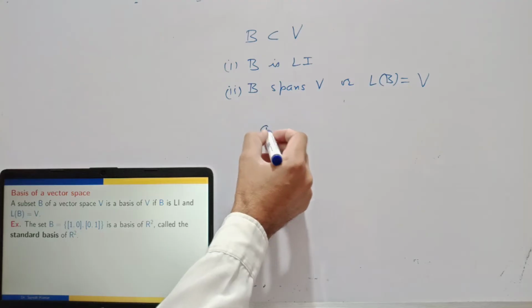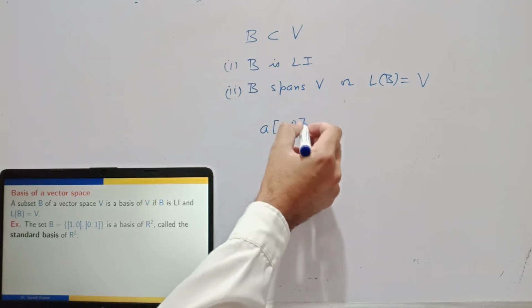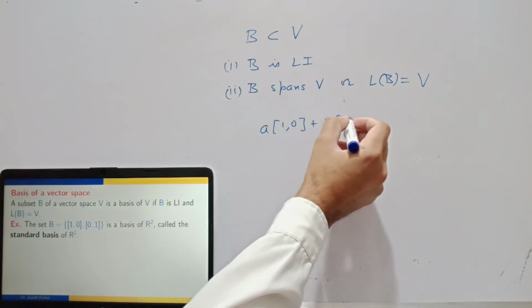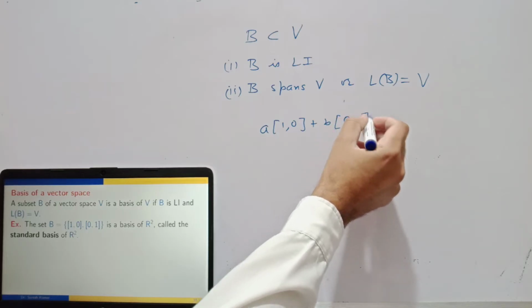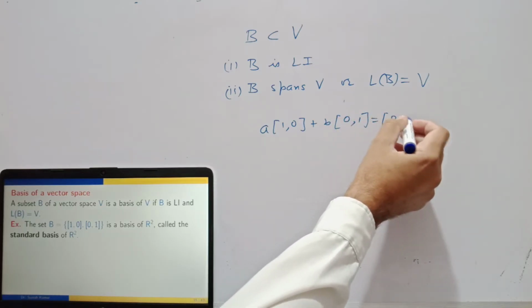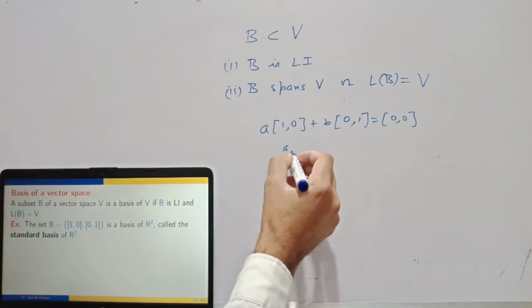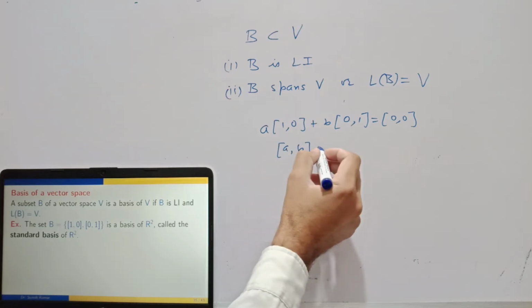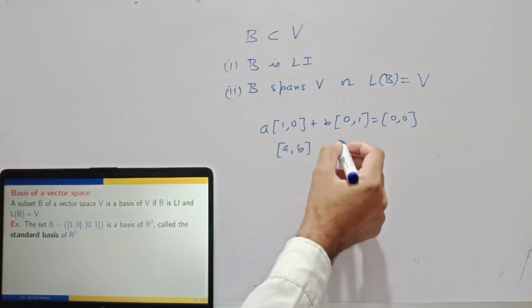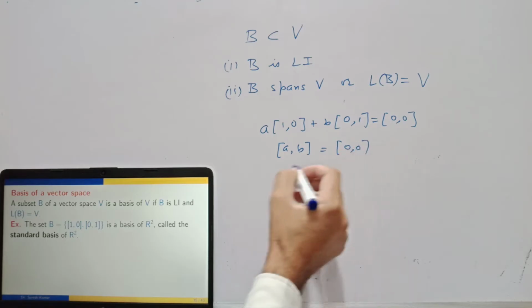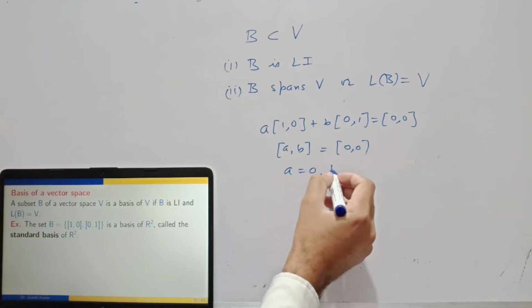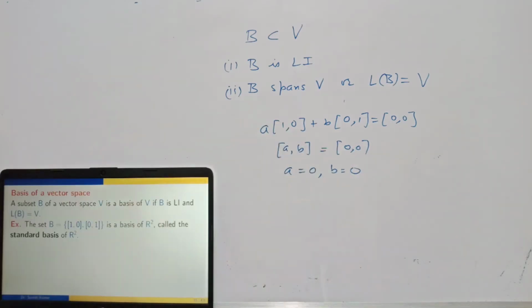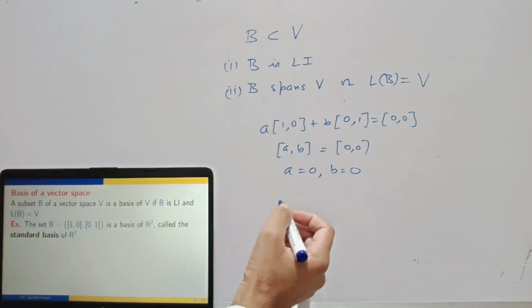If you consider linear combination and put that combination equal to 0, you get both the scalars 0 only. In the previous lecture, you did this example. What do we get from this? a = 0, b = 0. It means both these vectors are linearly independent. Only one solution, the trivial solution, is there for this combination.